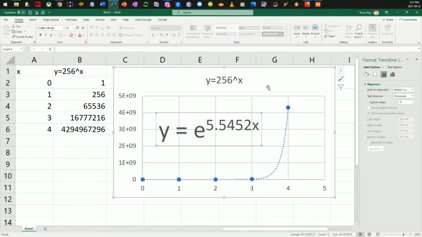So pretty close. And then once you're there, you can use your knowledge of bases and exponential functions to convert it to whatever base you'd like, if you want it to be base 2 or 10 or whatever. But Excel only uses base e. Anyway, I thought I would point that out.